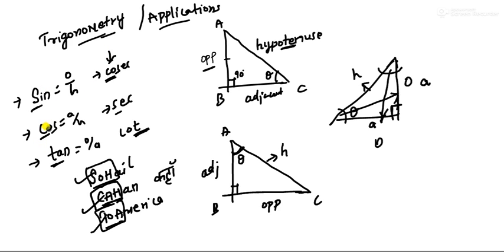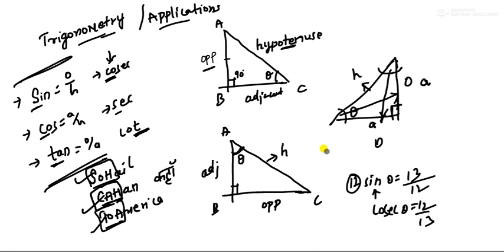If you know these three, you can easily write. Based on this, they may ask a question like: if 12 sine theta is equal to 13, what is cosec theta? First bring this to this side. It is 13 by 12. The reciprocal of sine is cosec, so it becomes 12 by 13. That's all. If you know this properly, you can solve these questions.